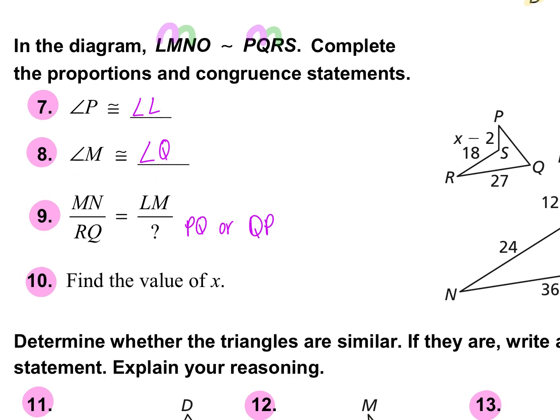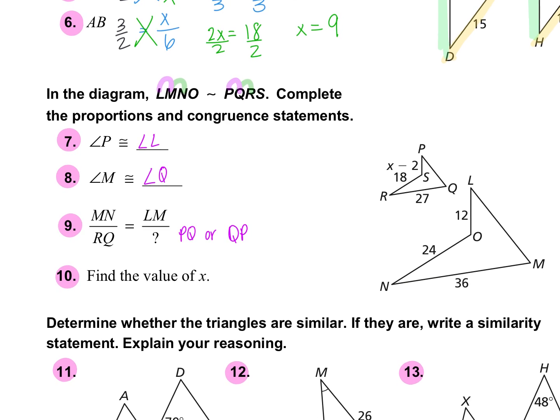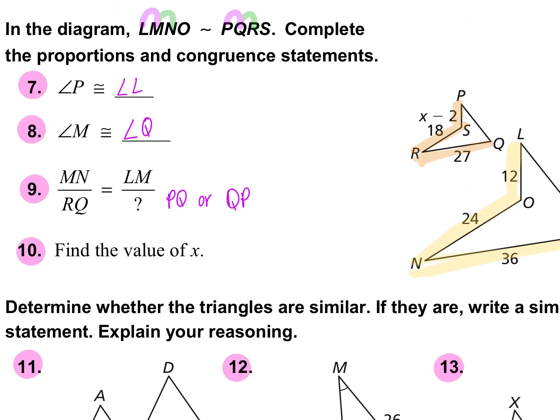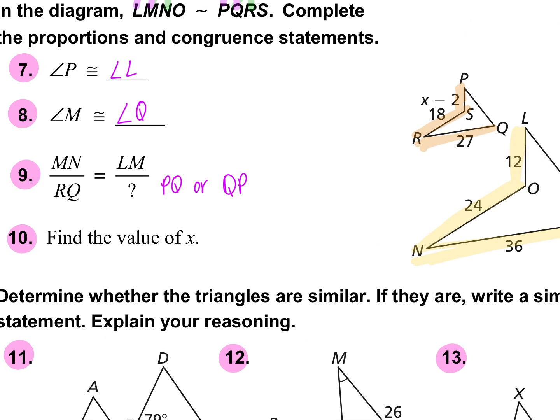All right, now it asks me to find the value of X. What are they giving me? I'm going to highlight the corresponding sides that they're giving me. This side, and this side. And then I also have for my small one, these sides. Corresponding sides, which corresponding sides are we going to use? 27 over 36.